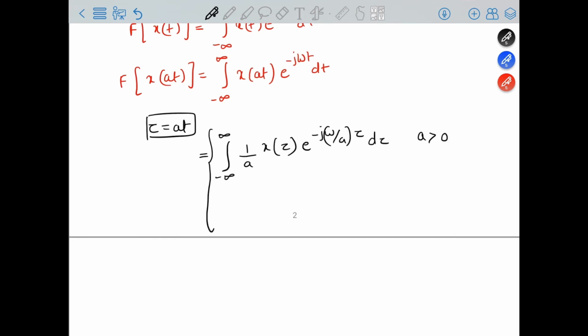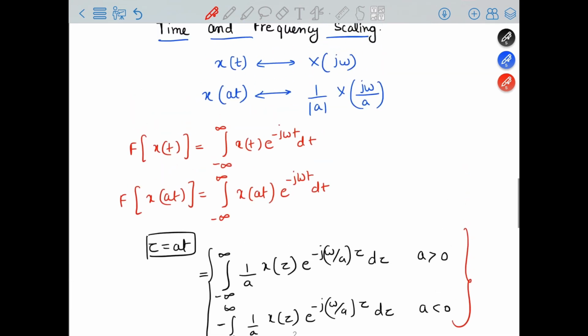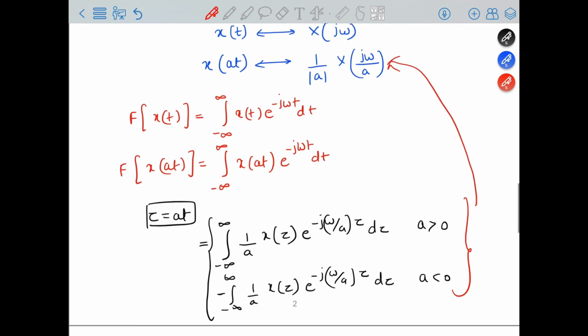If a is less than 0, the output will be minus of the integral from minus infinity to infinity of 1 by a x(tau) e raised to the power minus j omega by a tau d tau. When we closely look at this form, it resembles the Fourier transform form. In this manner, we can say that when we scale in the time domain, we get an output of 1 by mod a X(j omega by a) in the frequency domain.